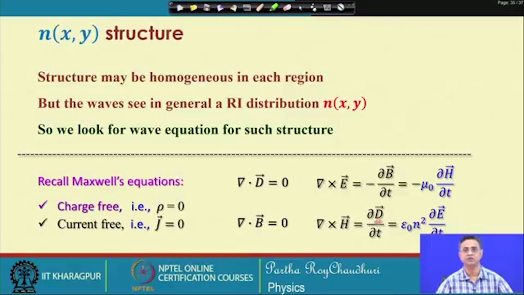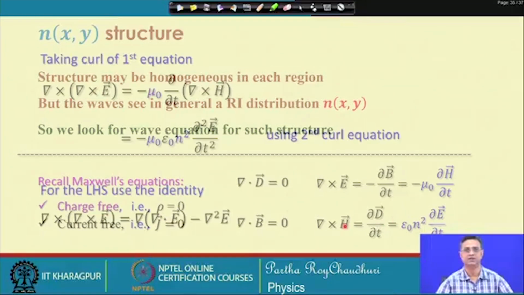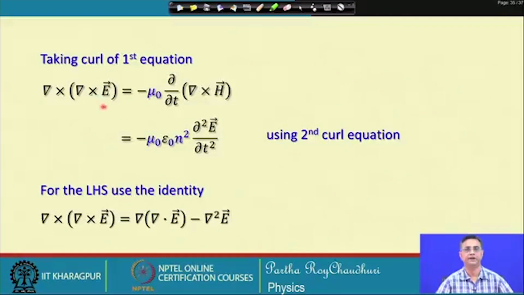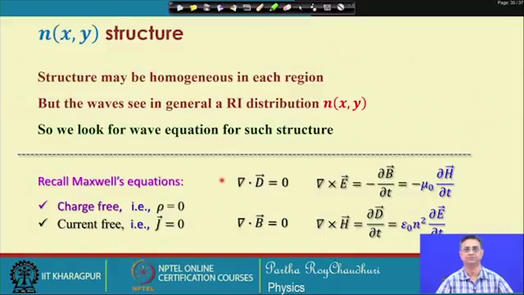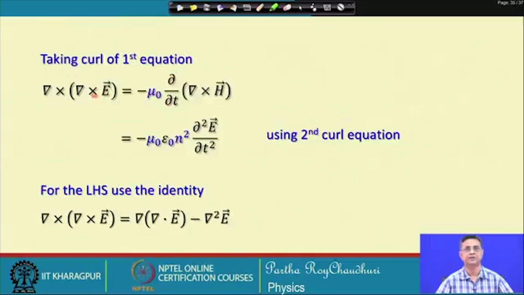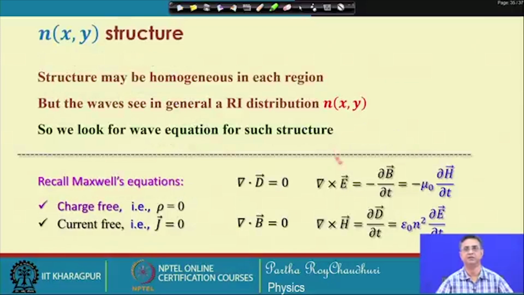So, this is how we start with the 4 Maxwell's equations, and if you take the curl of the first equation, that is del cross E, you can write this curl of E is equal to minus mu naught del by del t of del cross H. But this del cross H is again given by the second curl equation, that is equal to epsilon naught n square del E by del t.